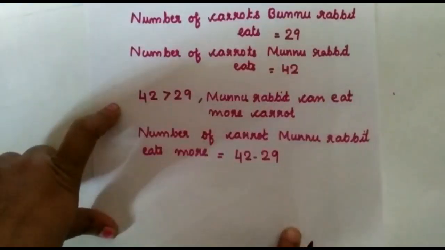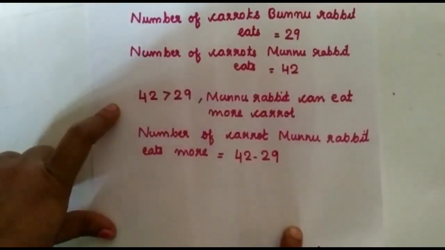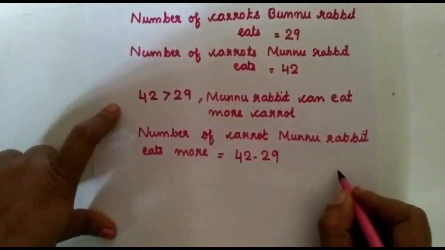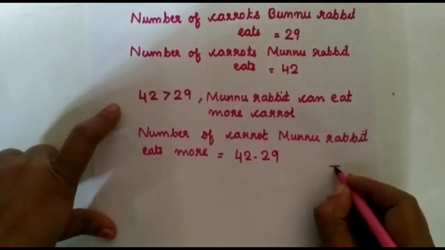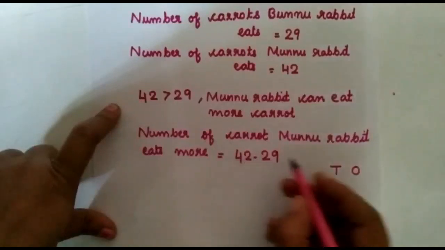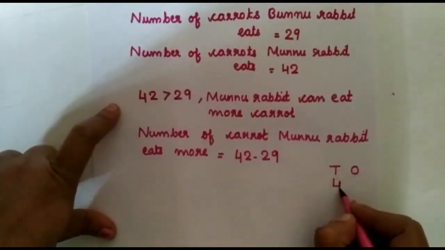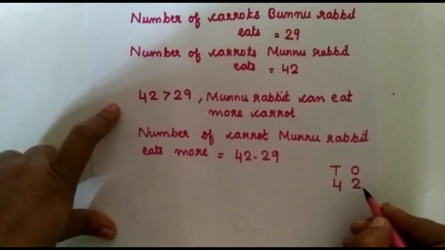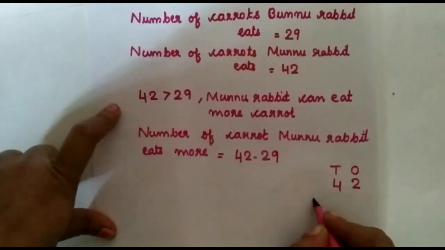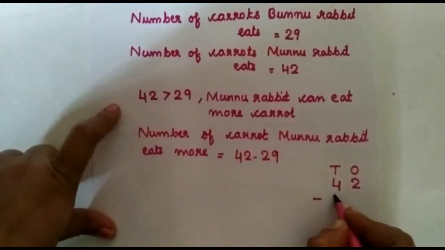So you have to subtract 42 minus 29. Tens, ones: 42. 4 is in tens place, 2 is in ones place. Then minus 29.